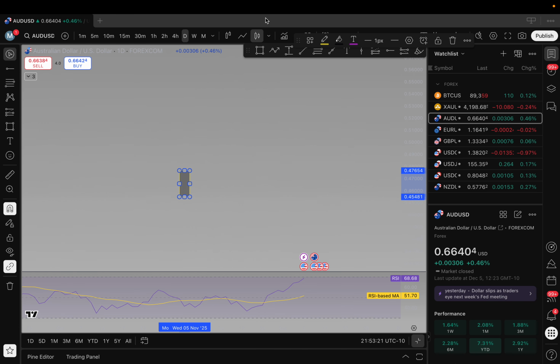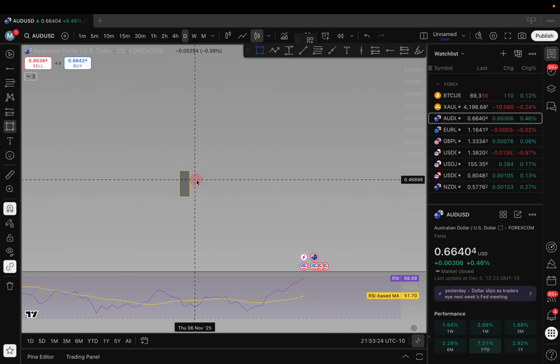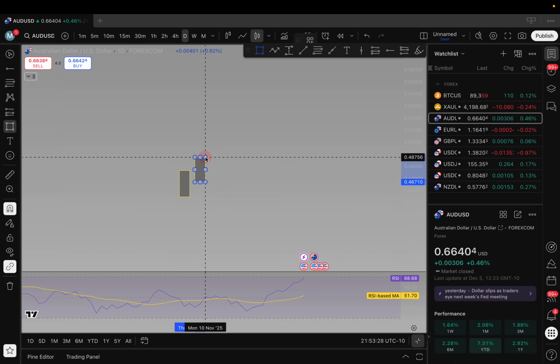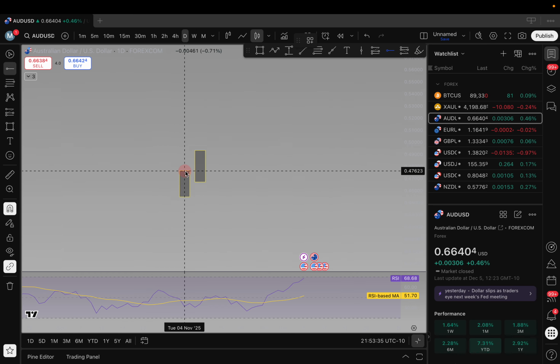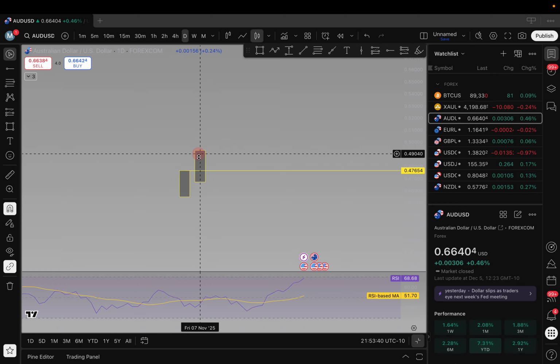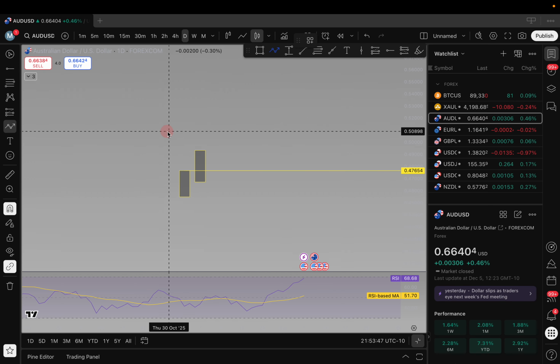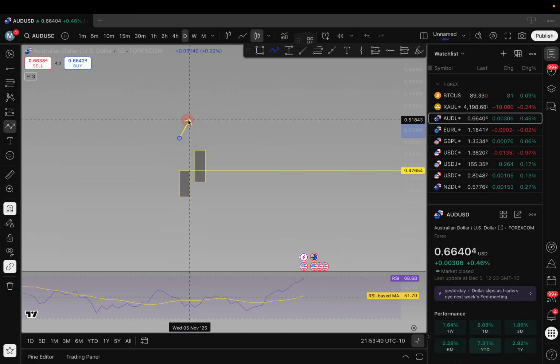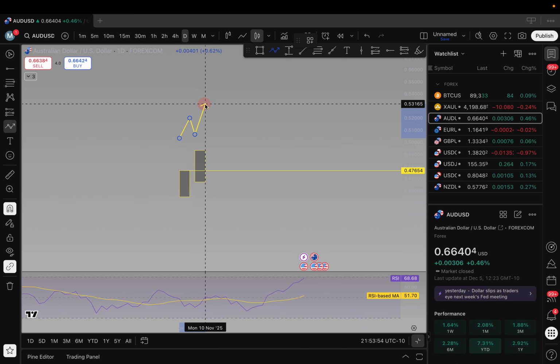This is the first day, and once the second day breaks the first day, this becomes your new POI, and this second day becomes your indication. So it looks something like this. I'll draw it above. It makes a higher high.